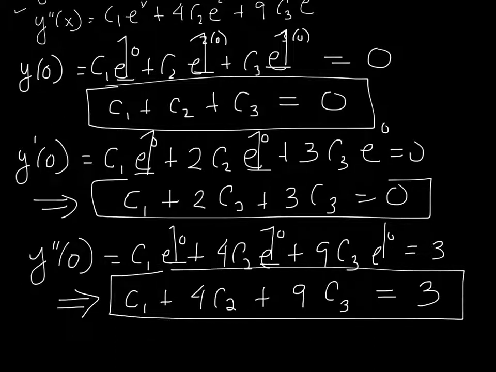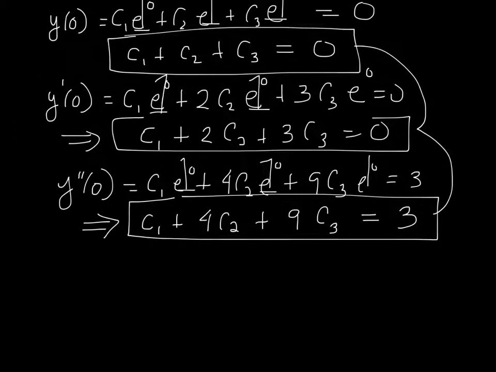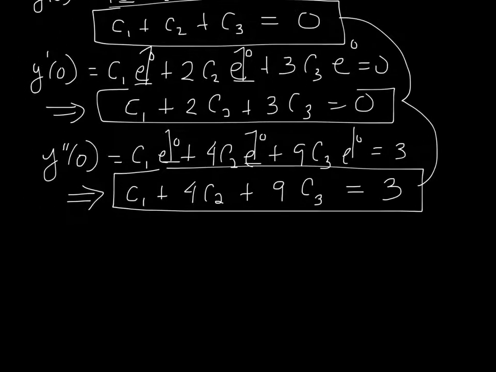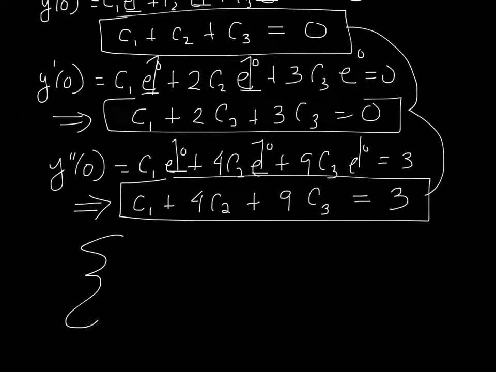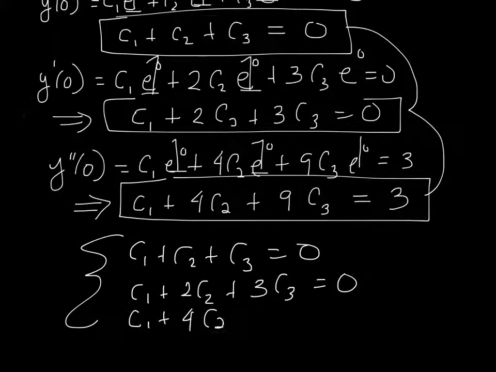So I'm going to put these guys together and form a system of linear equations, because we know how to solve those from algebra. Let me move this up a little bit. So we have c1 plus c2 plus c3, c1 plus 2c2 plus 3c3 equals 0, and c1 plus 4c2 plus 9c3 equals 3.